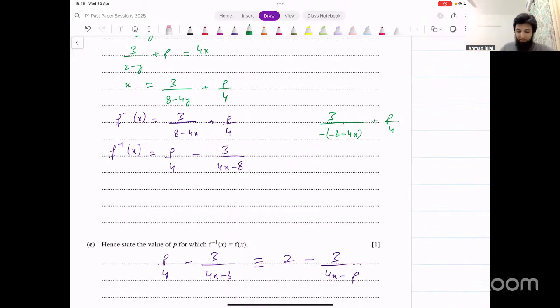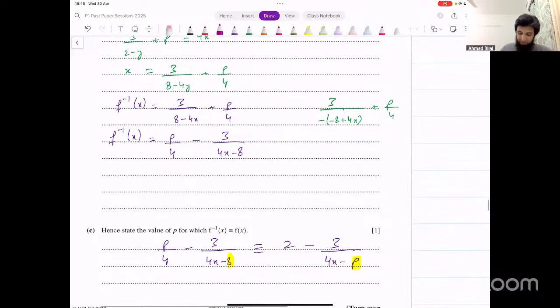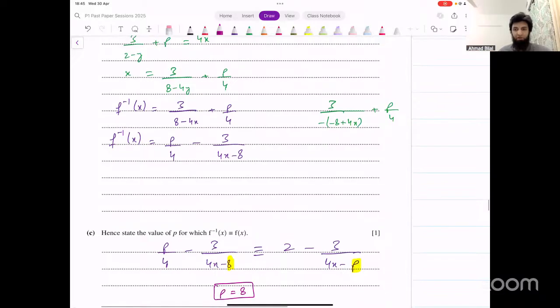We can say p over 4 equals 2, and that gives us p equals 8, or we can say this 8 here also corresponds to this p. That also gives us p equals 8. So that's the result that we write there. We say p equals 8. That's the solution that we've got. Make sense? So the value for p, therefore, should equal 8 here. When we compare these two as well, we get p over 4 equal to 2. The value of p is 8.